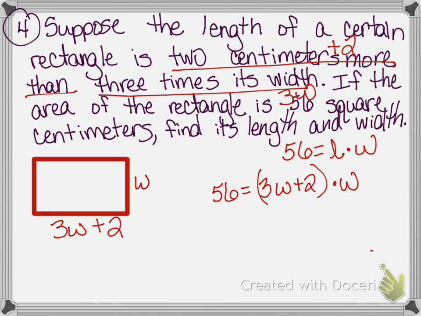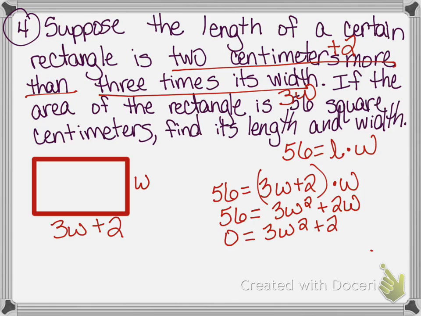Sometimes students don't put parentheses around that 3w plus 2, so be sure that you do that. Now I'm going to have 56 equals 3w squared plus 2w. So I have distributed that w to everything in my binomial. My next step is to subtract my 56. So I'm going to have 0 equals 3w squared plus 2w minus 56.